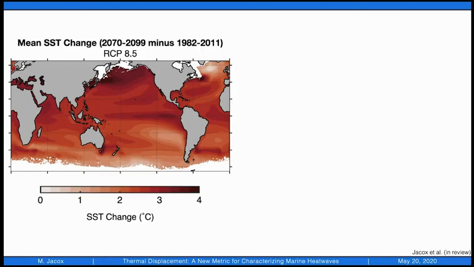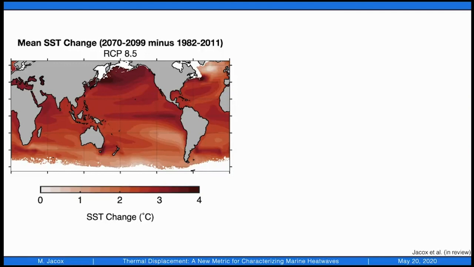The important thing here is not so much the degree of warming or whether it's correct even, but just that it's spatially heterogeneous. So you have spots that light up for much stronger warming, like the Northwest Pacific and Northwest Atlantic. And you have other regions, like much of the Southern Ocean or the high latitude North Atlantic, where the SST change is much less.